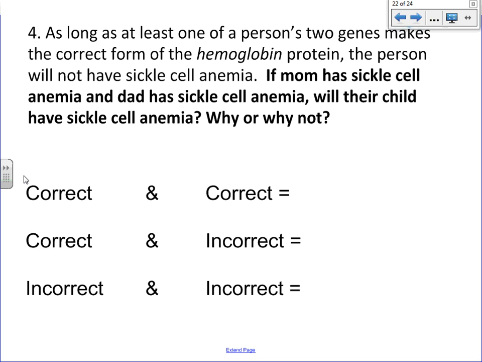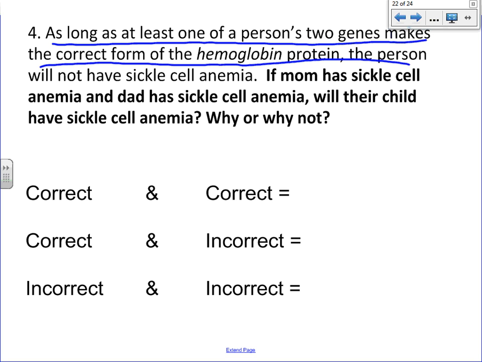And the reason behind that comes from the question. It says as long as at least one of a person's two genes makes the correct form of hemoglobin, the person will not have sickle cell anemia. So what that means is if you make both correct forms, you will not have sickle cell.